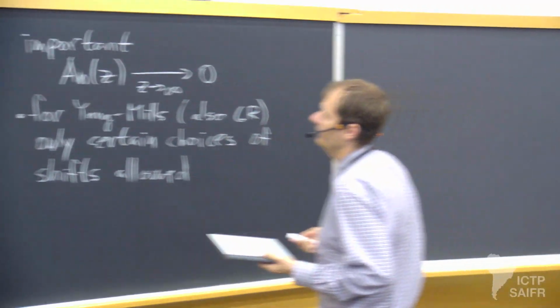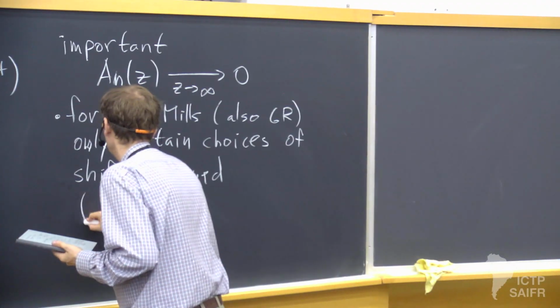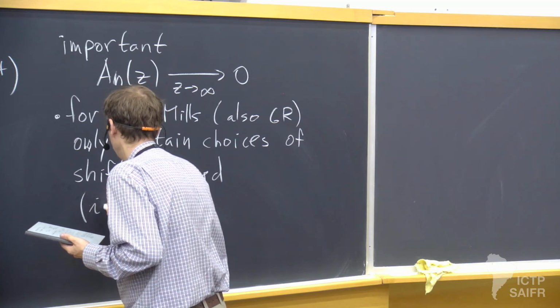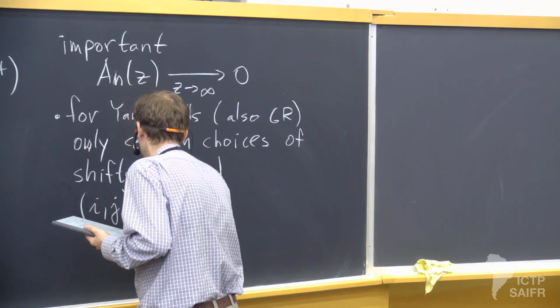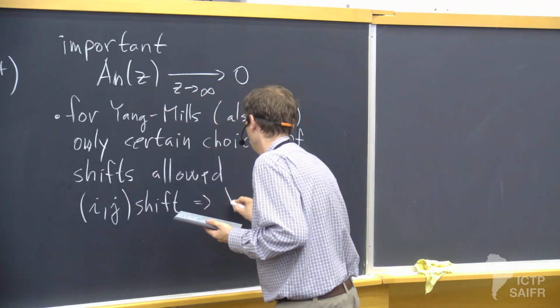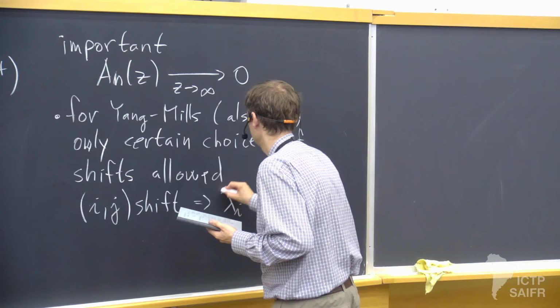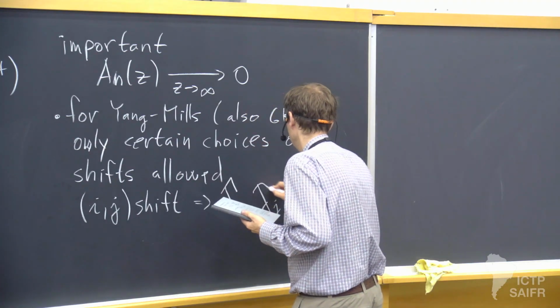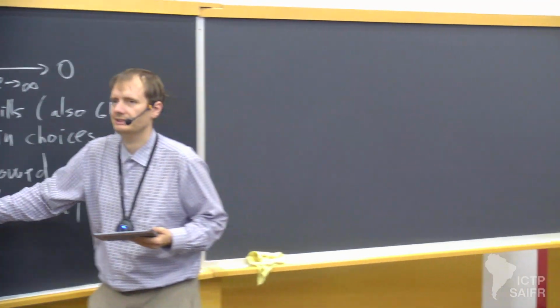Normally we call one an IJ shift. This means that we shift lambda I and lambda J tilde. So this is an IJ shift.